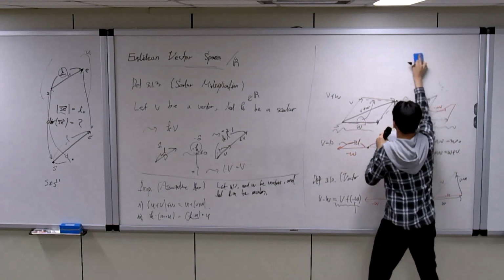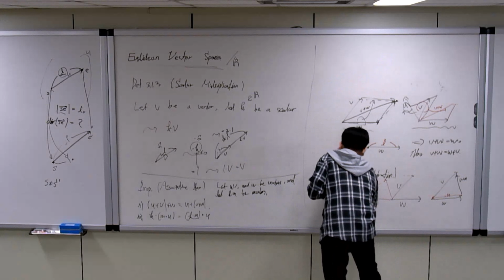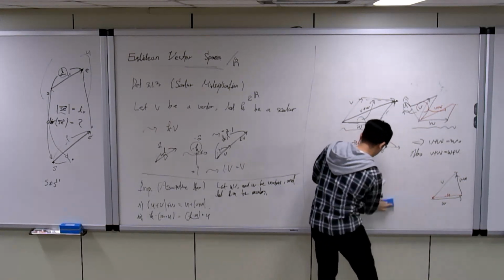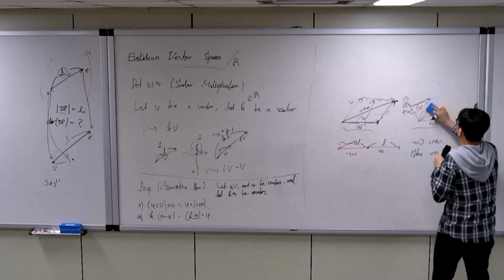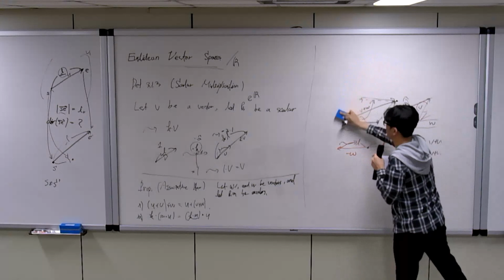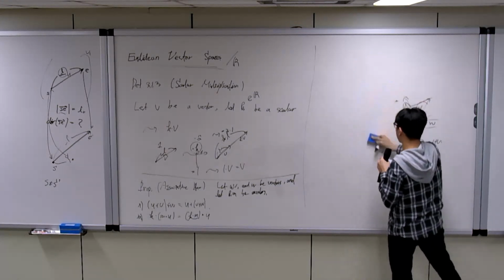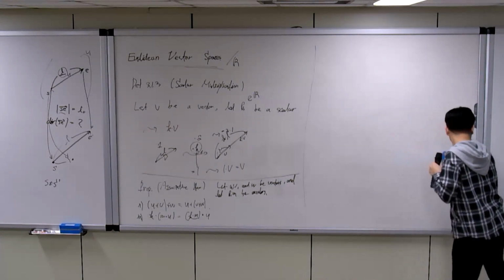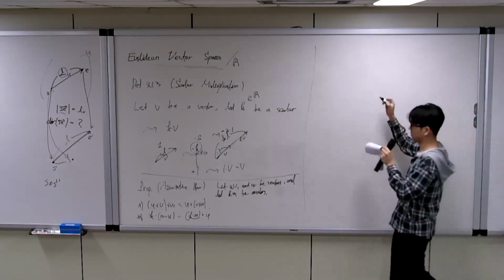And also we can see the next property. It is the distributive rule. When we learned addition and multiplication in the real world, we have seen this property.